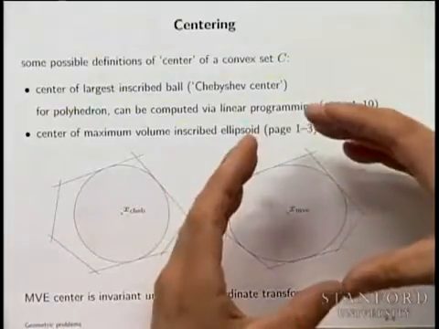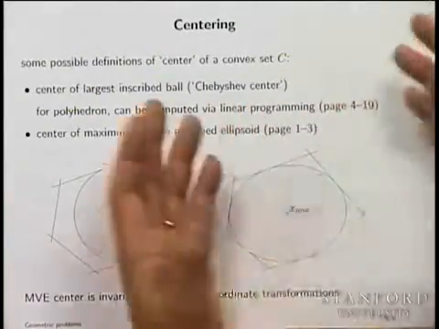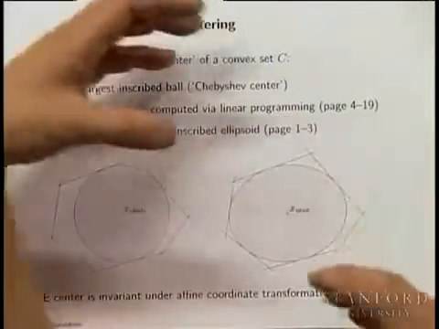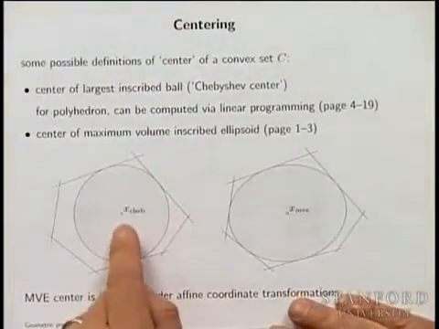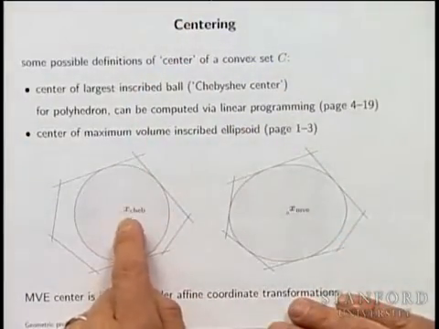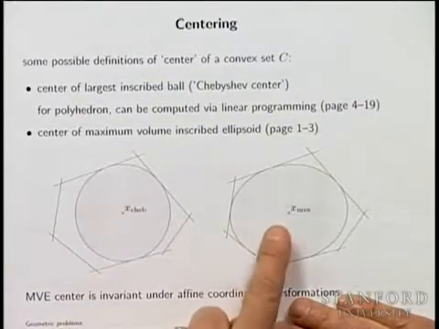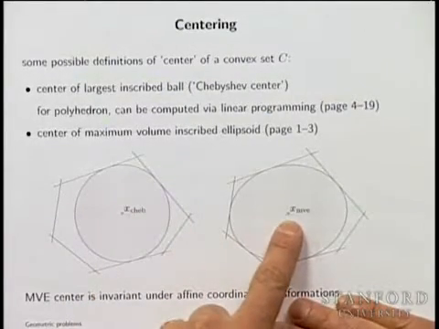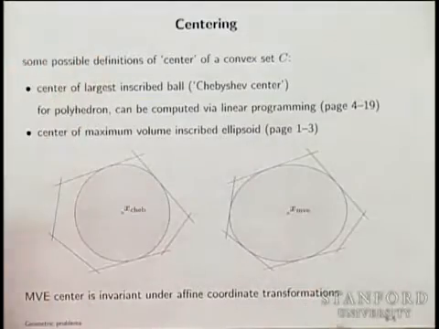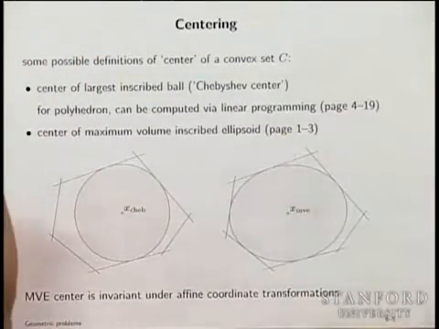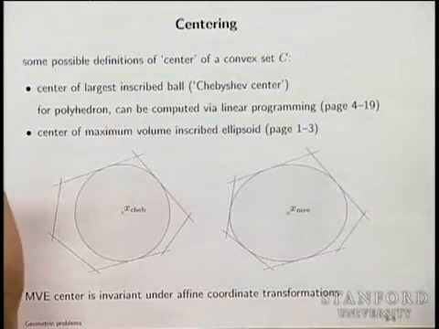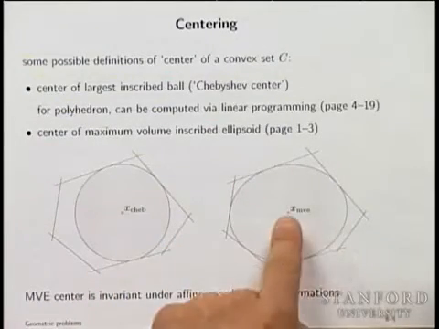Affine invariance means if I transform the whole problem by, for example, scaling the coordinates, if I stretch it some way, that'll change radically the Chebyshev center. But it won't change the maximum volume ellipsoid center, because everything will transform by, in fact, the determinant of T, where T is the linear part of the transformation. So this is affine invariant.